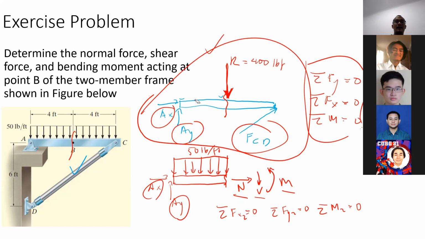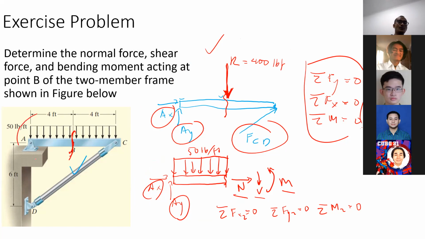So after you do the cutting from the original one, you draw again the new free body diagram of the section, which includes the distributed force. Then after that, you do the simplification. So for this one, the resultant will be here in the middle of the section, like that.